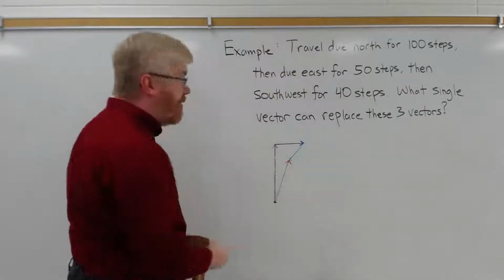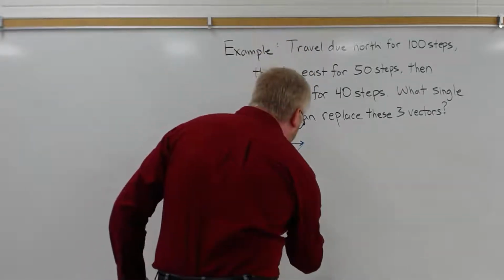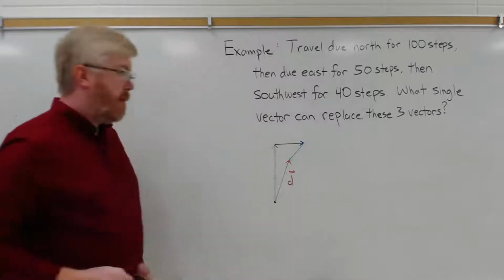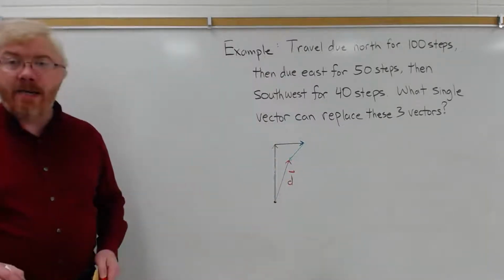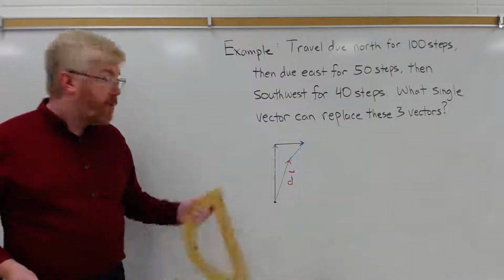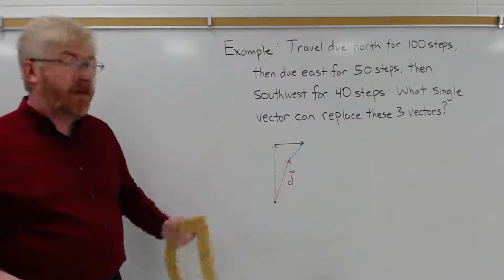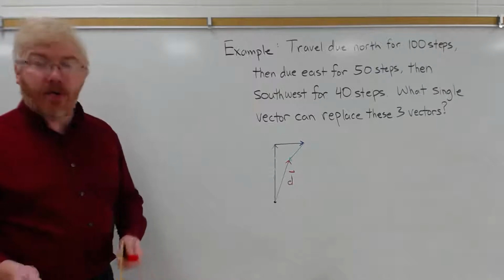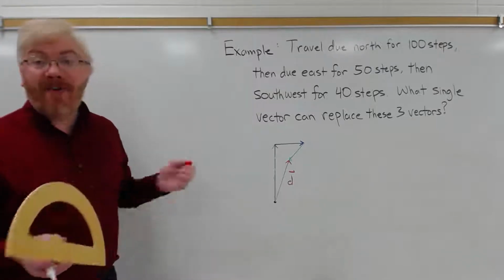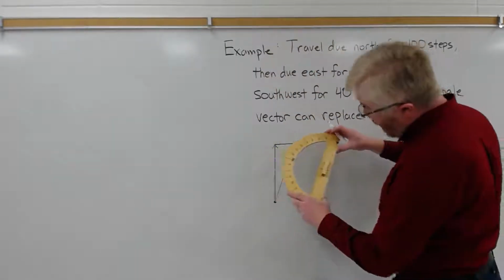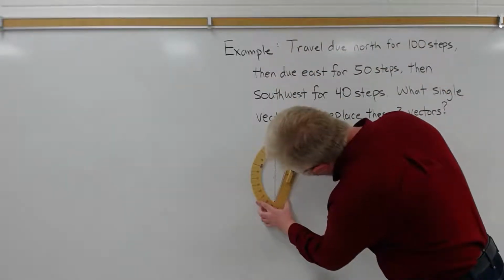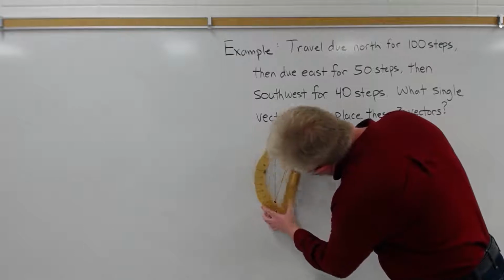And I've created this red vector, which I'll call D, because we have vectors A, B, and C already. So that vector D is all I need to do in order to properly go from the starting point to the treasure. But graphically, I have to measure it yet. So it is approximately 76 steps.